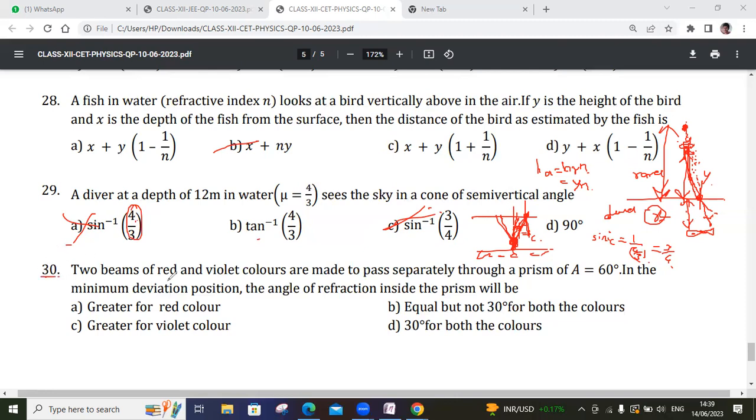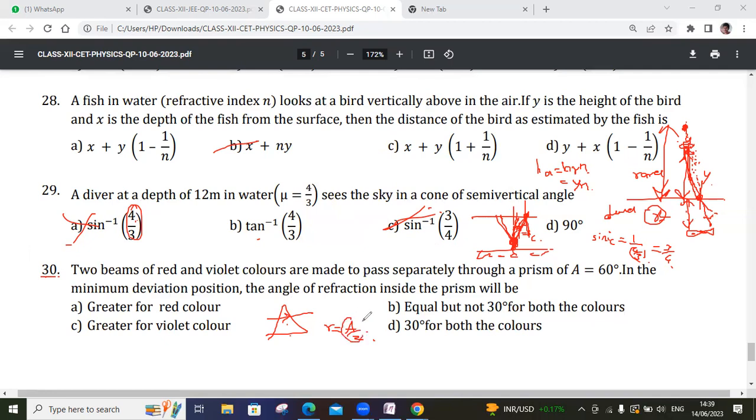Then two beams of red and violet colors are made to pass separately through a prism of A equal to 60 degrees. At the minimum deviation position, the angle of refraction inside the prism will be? For the minimum deviation condition, the refracted ray will be parallel to the base of the prism and its value is A by 2.